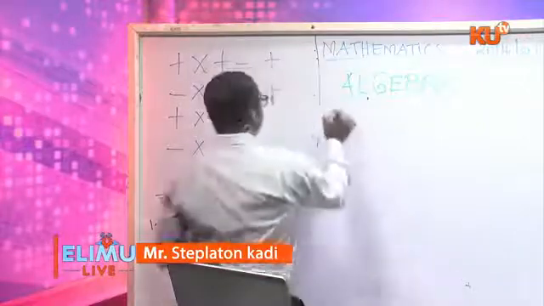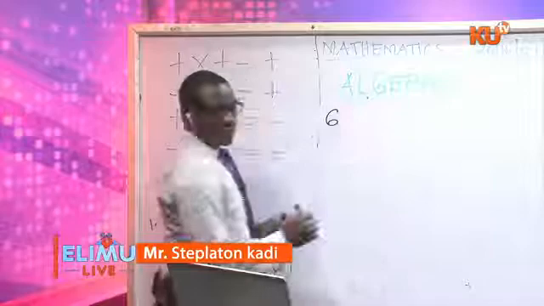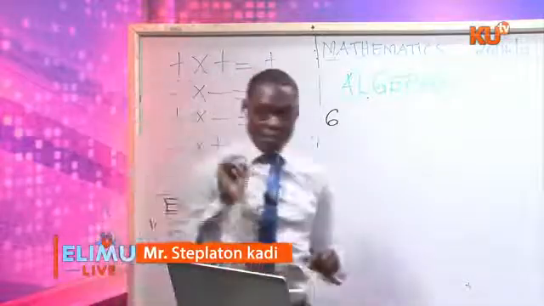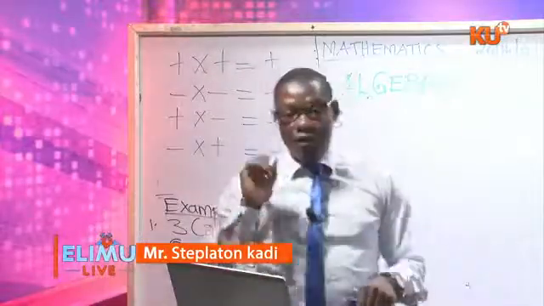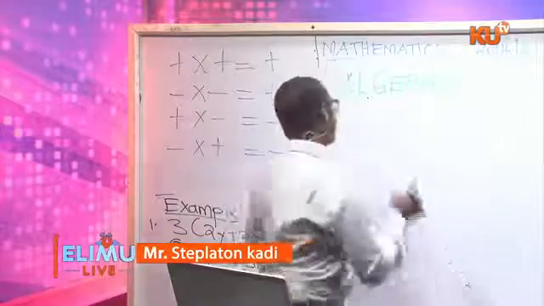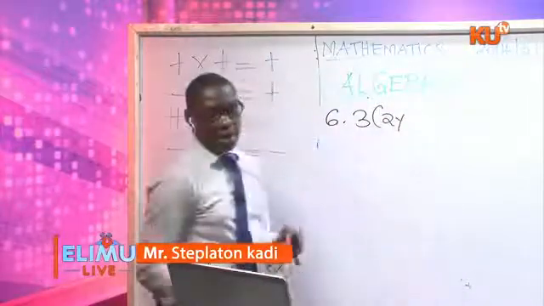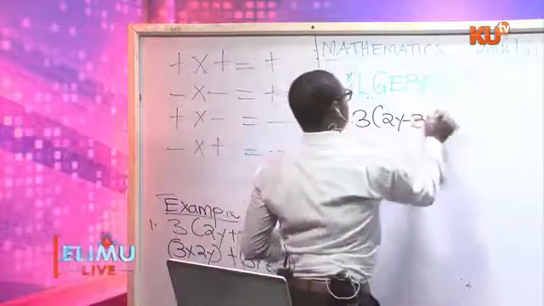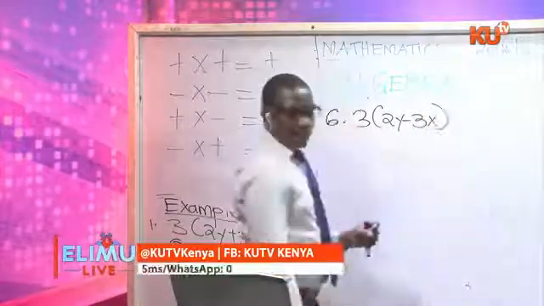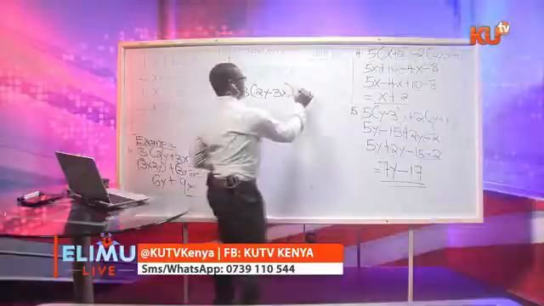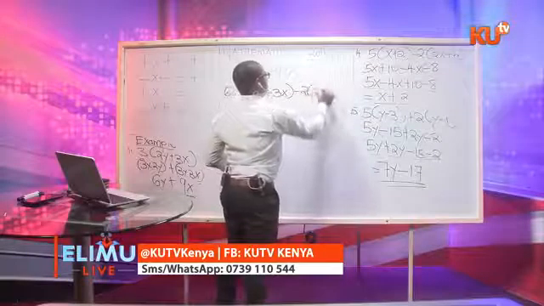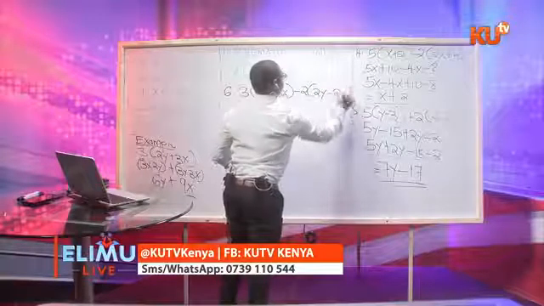So we have example number 6. On that, we are solving algebraic expressions that involve brackets. So we have 3 into brackets 2y minus 3x, close the brackets, minus 2 into brackets 2y minus 2x.